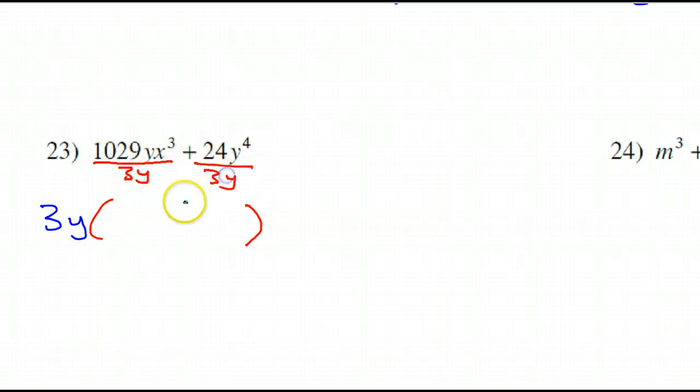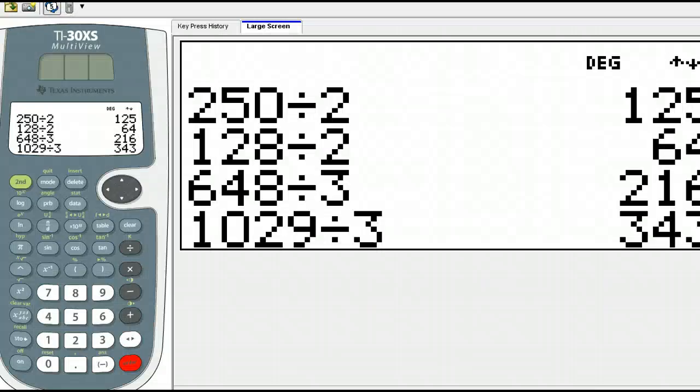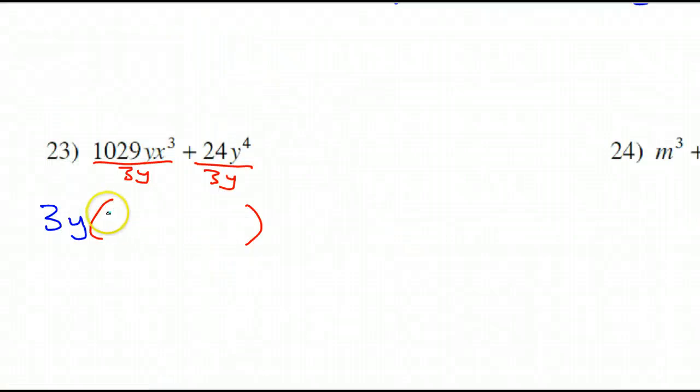Divide by the GCF. Now remember that 1029 divided by 3 is 343. So this will be 343. And then the y's cancel out, so that'll just leave x to the third power. Plus 24 divided by 3 is 8.